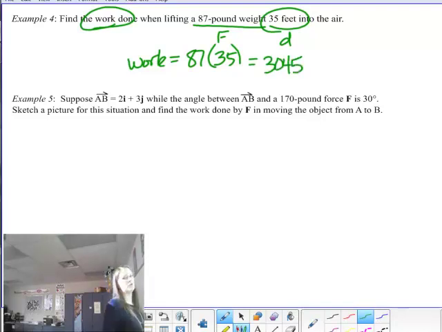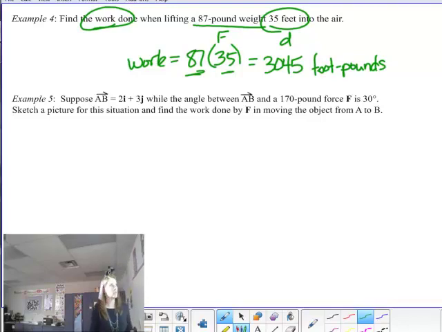Now what kind of units do we have? Force was measured in pounds, and 35 was measured in feet, so we're going to call these foot-pounds. It's one of the types of units for work. The other is Newton meters, and you might hear that in a physics class.